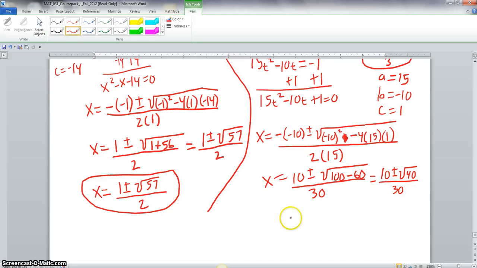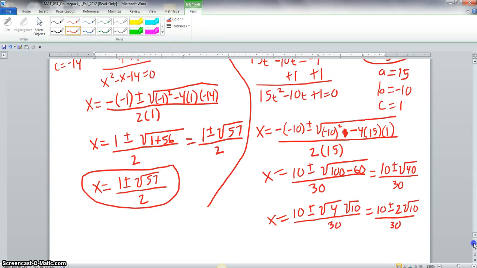Now, the square root of 40, the highest perfect square in 40 is 4. So it'd be 10 plus or minus the square root of 4 times the square root of 10, and that's all over 30. So it'd be 10 plus or minus 2 square root 10 all over 30.